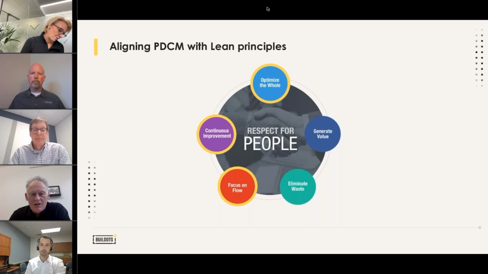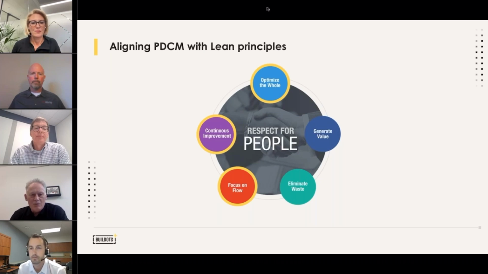To me, I was asked initially to talk about four of the tenets, but the whole thing is an ecosystem. A project is an ecosystem.